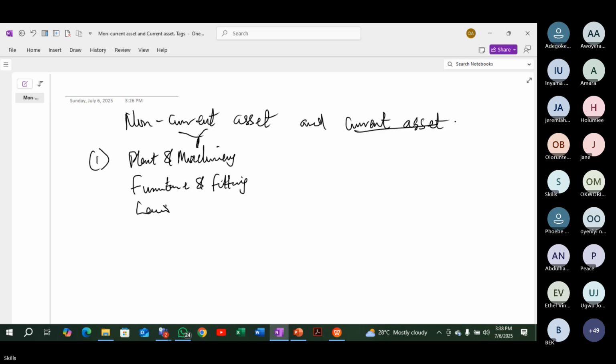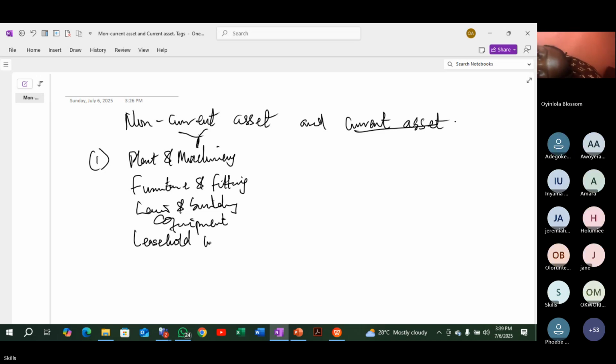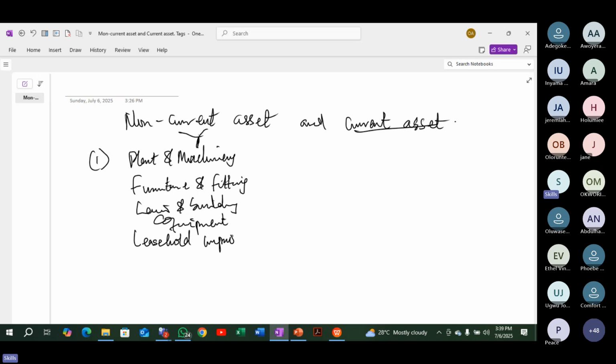Leasehold improvements. And goodwill as well. Motor vehicle. Okay, let me put motor vehicle.